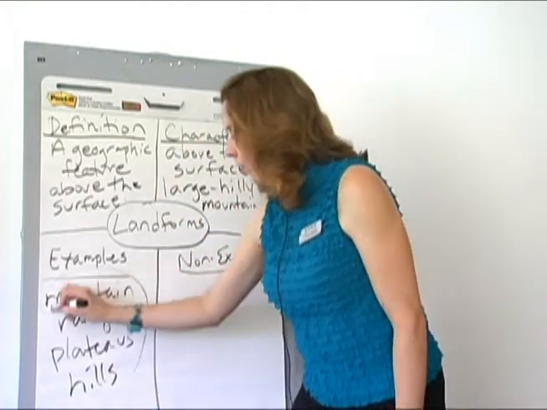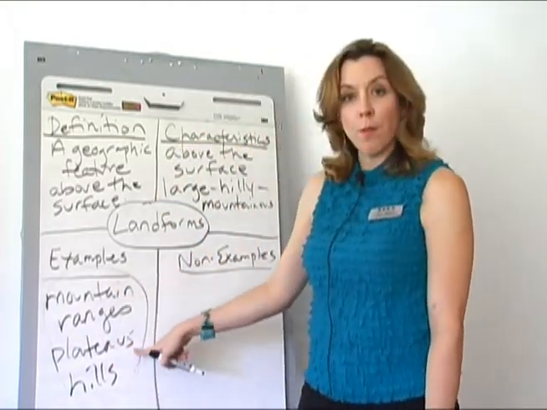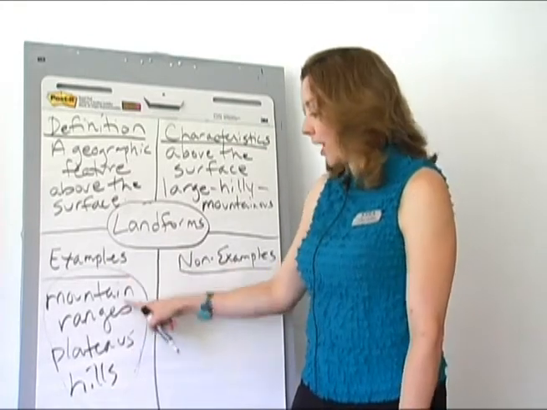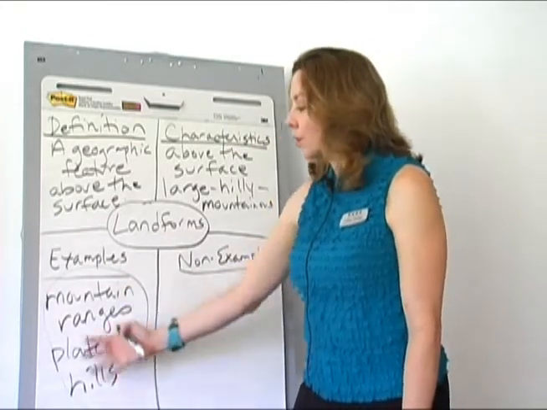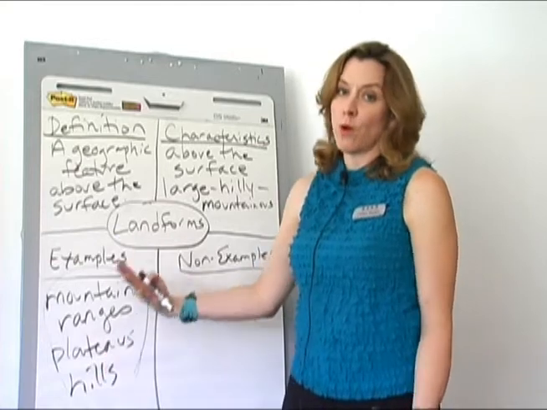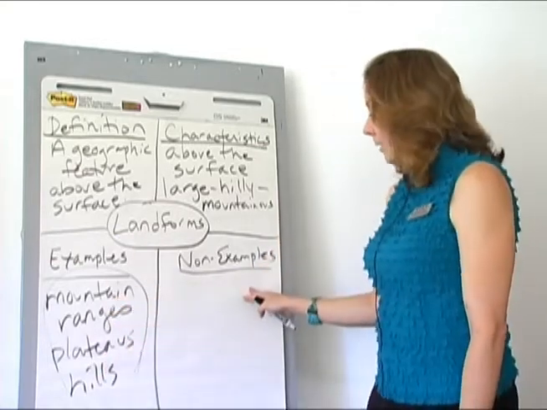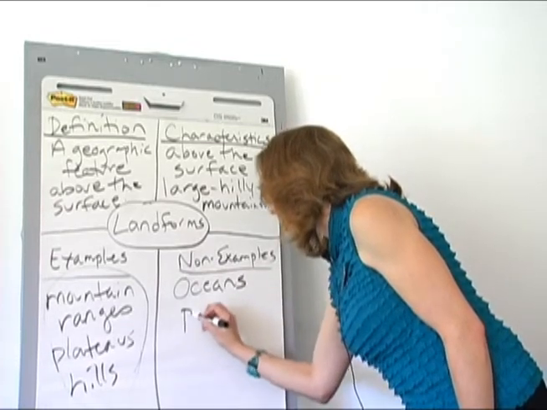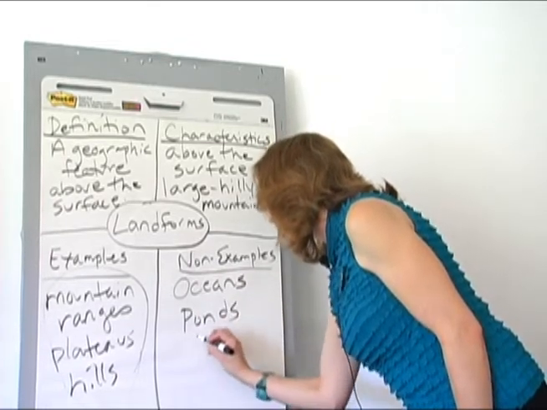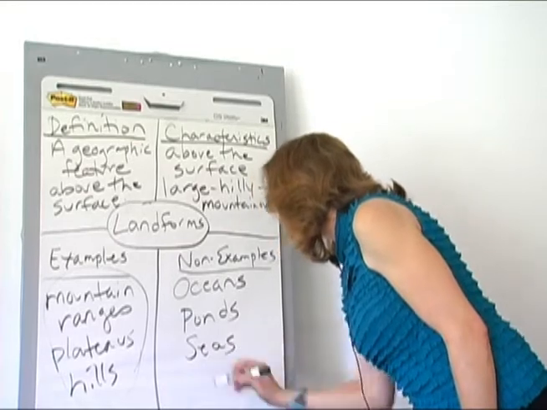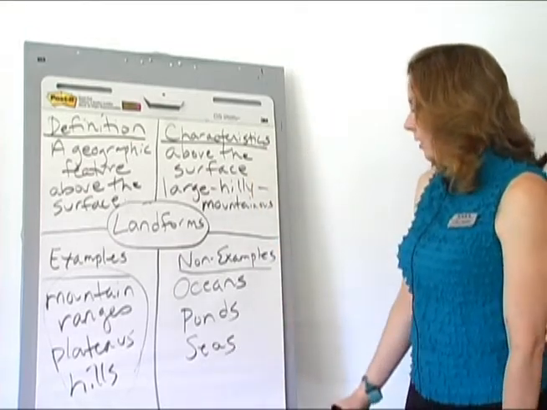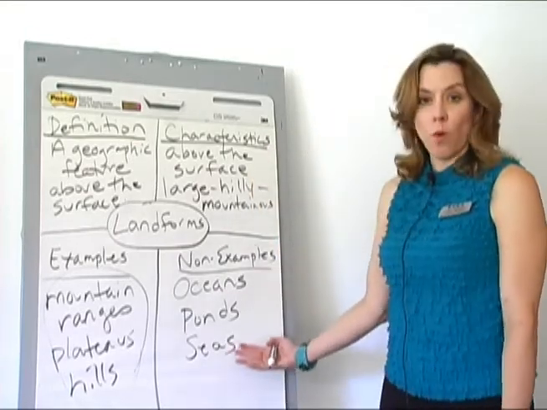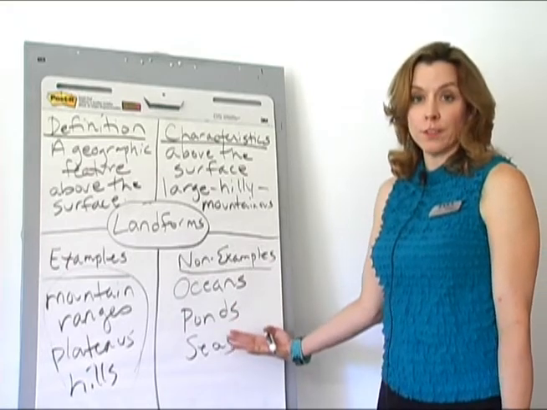Now some of these words may require you to do a Frayer model on it, because you may not understand these words, but most likely you're using things that you can think of as your own examples. Non-examples would be oceans, ponds, seas. I think those are some good non-examples because those are not landforms. Those are not rising above the surface.